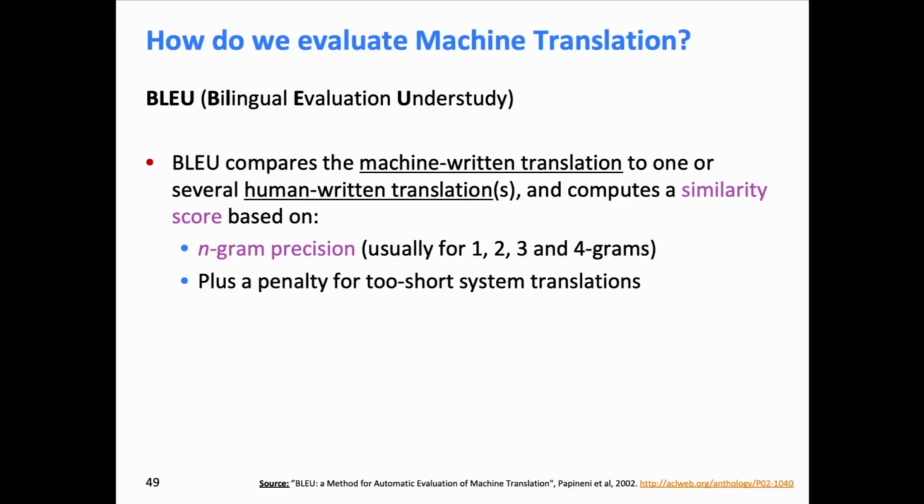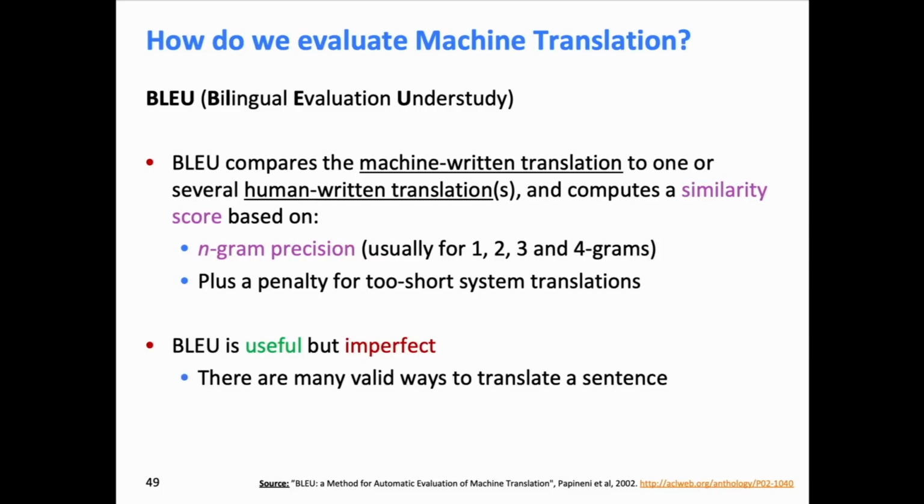So overall, BLEU is very useful because we need an automatic metric in order to measure progress. You can't measure progress on human evaluation alone because it takes too long to compute. But of course, it's pretty imperfect. For example, you can think about how there are many valid ways to translate a sentence. At the very beginning of this lecture, I asked how do we translate that sentence by Rousseau, and there were at least a few different options that came up.